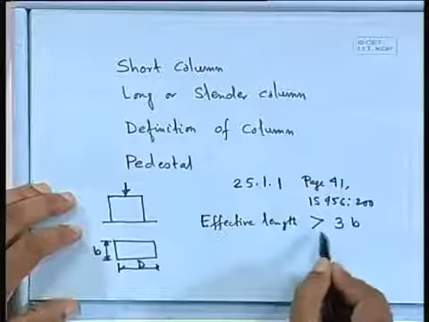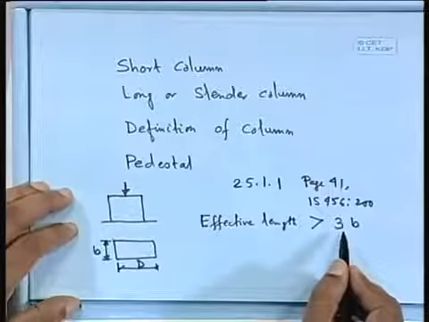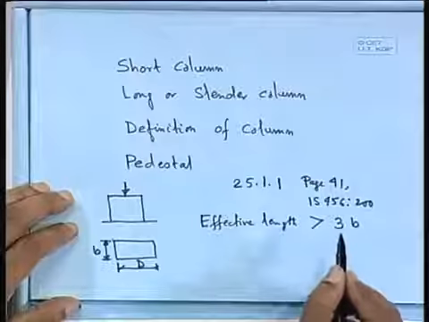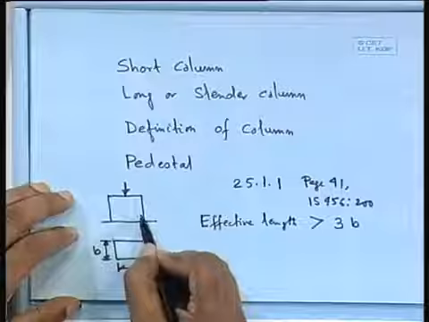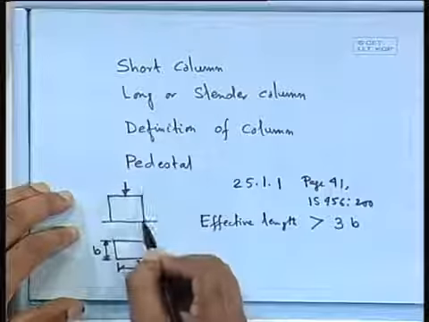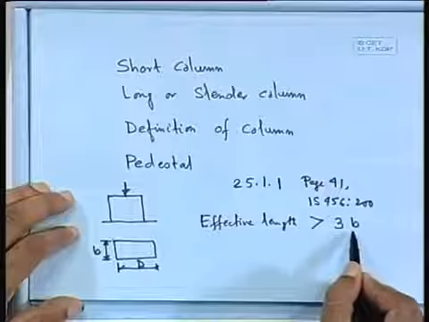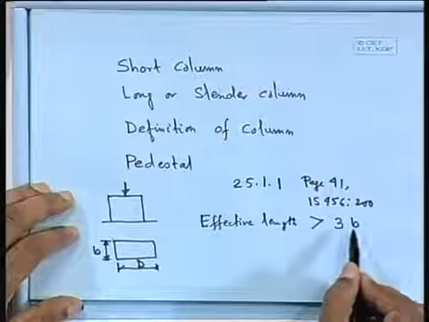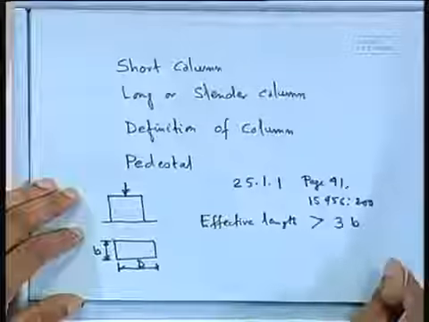So effective length should be greater than 3 times of the least lateral dimension. If that be the case, then only we shall consider this one as a column. Otherwise, it is a pedestal. So if it is less than or equal to 3 times the least lateral dimension, then we shall consider it as a pedestal. Otherwise, it is a column. Okay.